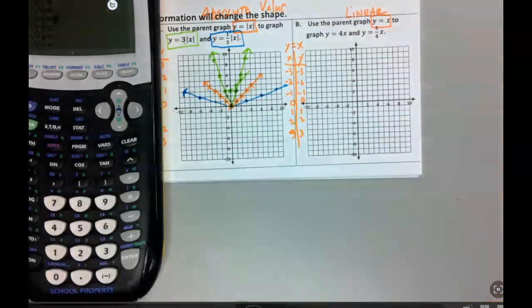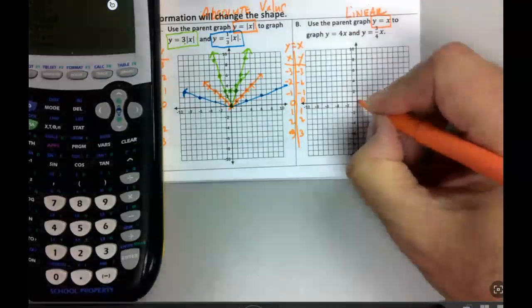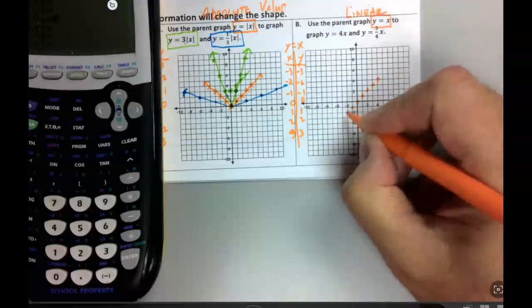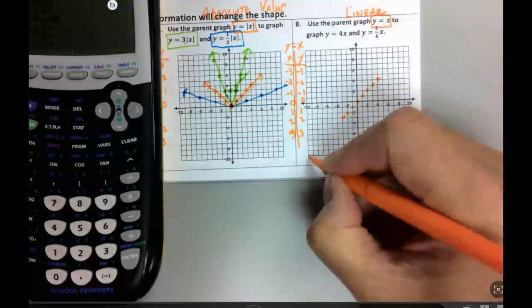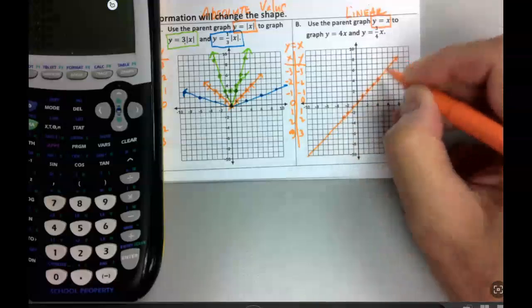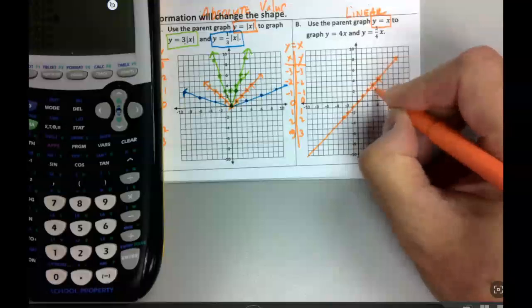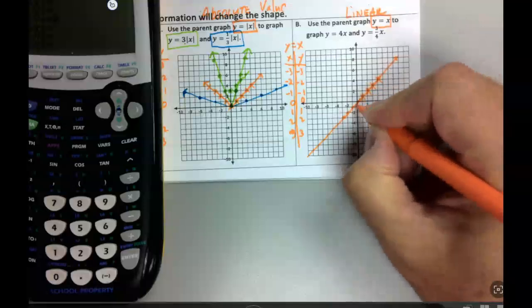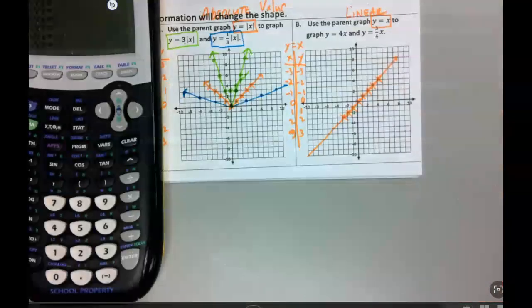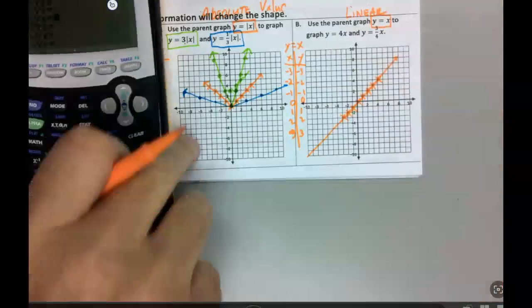All right, it's a line. It looks like that. Linear. Agreed?